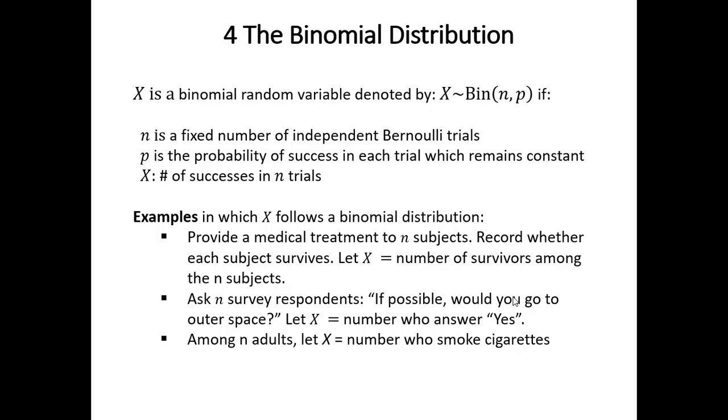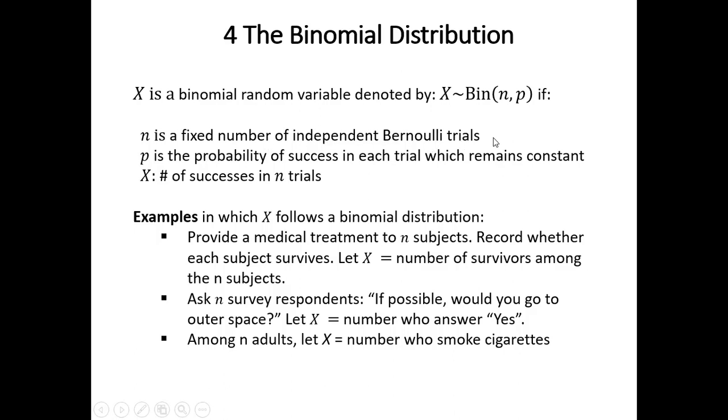The binomial distribution. All right, the binomial distribution is used in a lot of applications. We could think of x as a binomial random variable, sometimes abbreviated Bin(n, p), if n is a fixed number of Bernoulli trials.